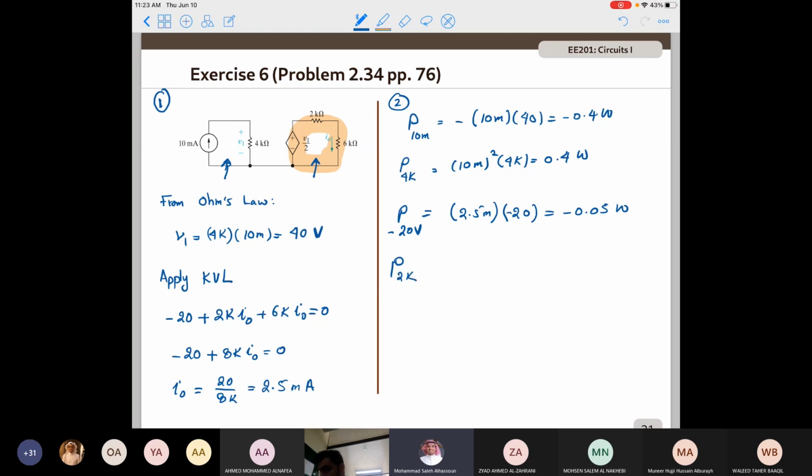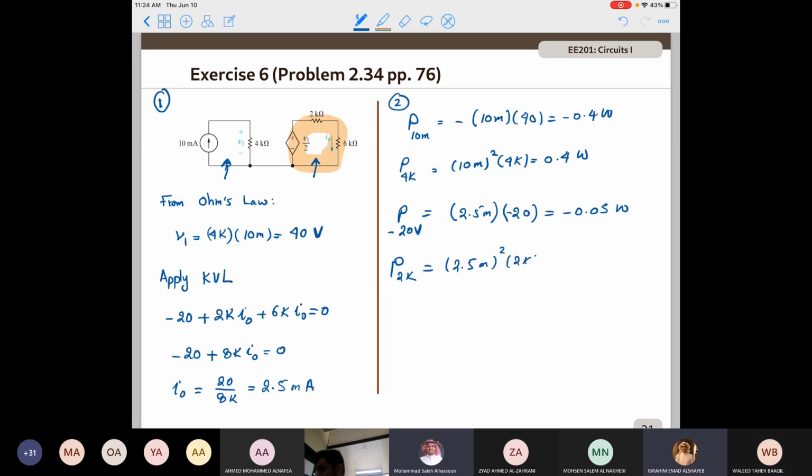Okay, because 4K is 4 times 10 to the power 3. So the power of the 2 kilo ohm resistor is I naught squared times 2 kilo ohm.